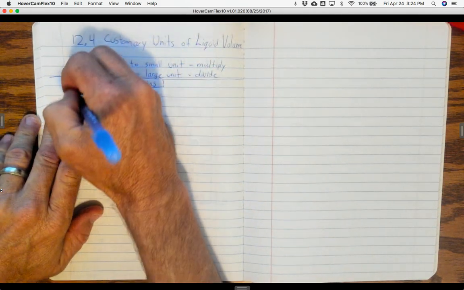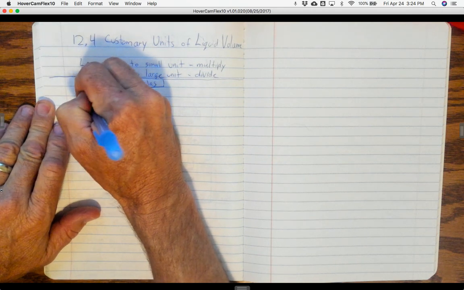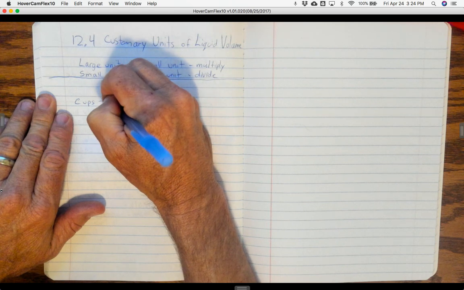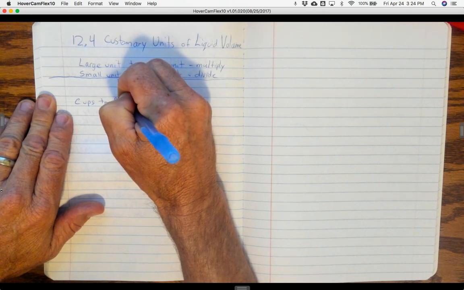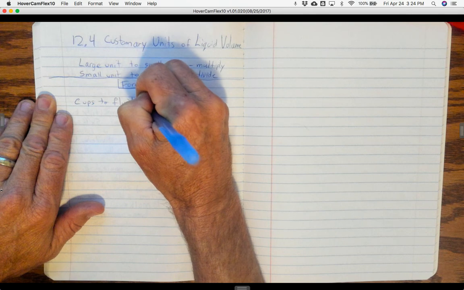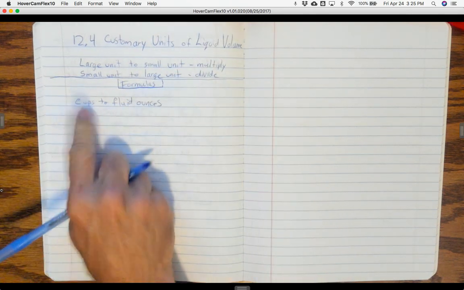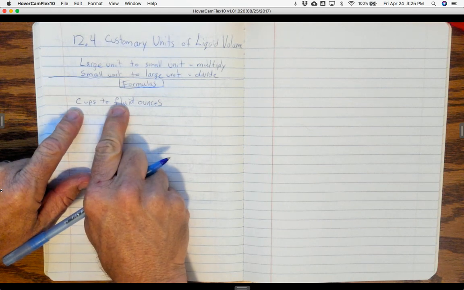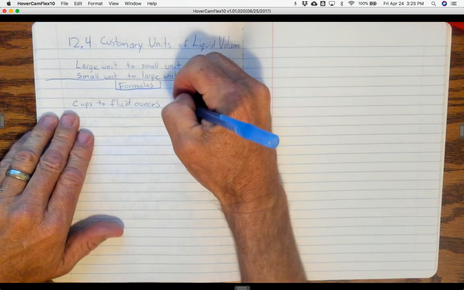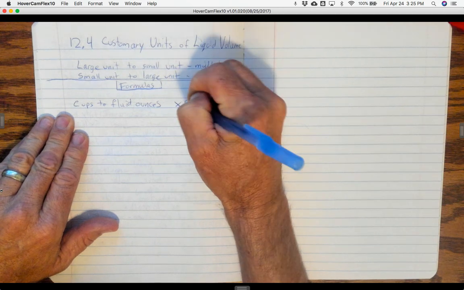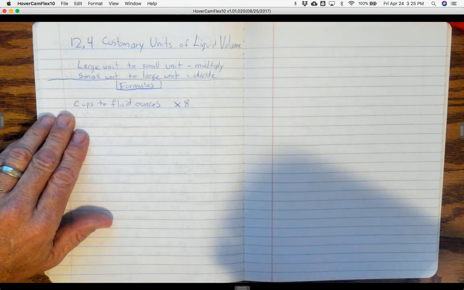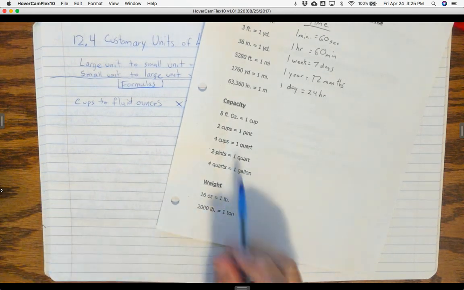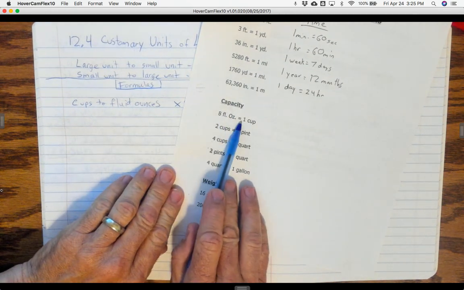So we're going to need to know how to go from cups to fluid ounces. Cups are larger than fluid ounces. A large unit to a small unit, we're going to multiply by 8, because our trusty measurement conversions paper tells us there are 8 fluid ounces in 1 cup.